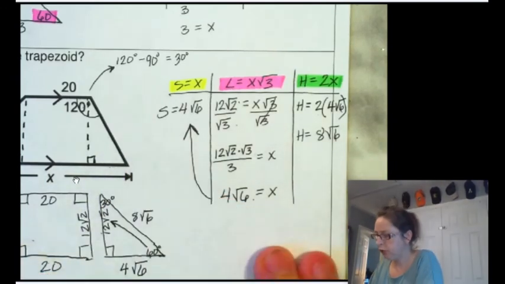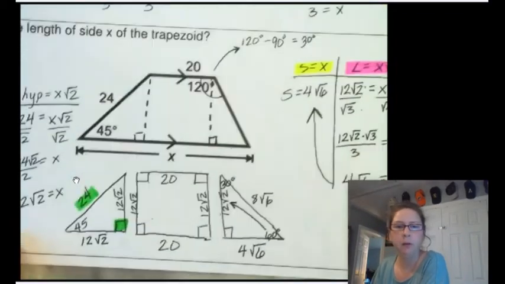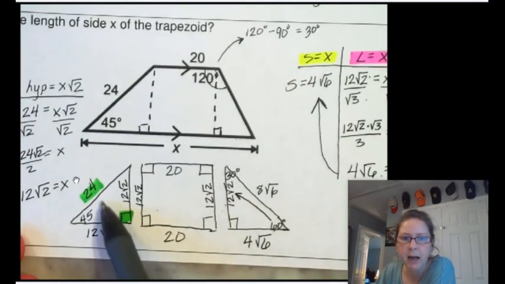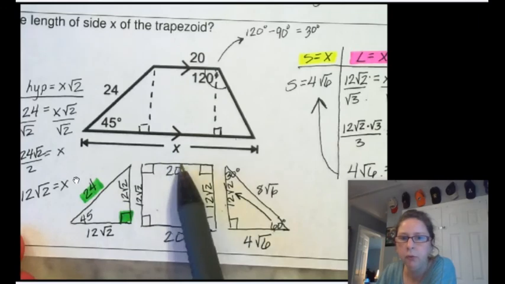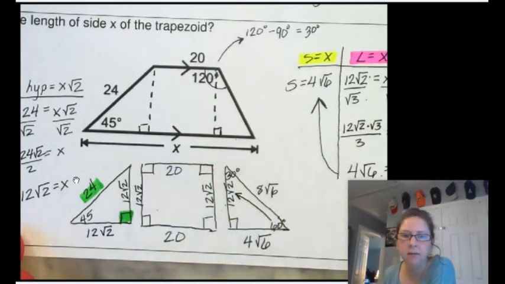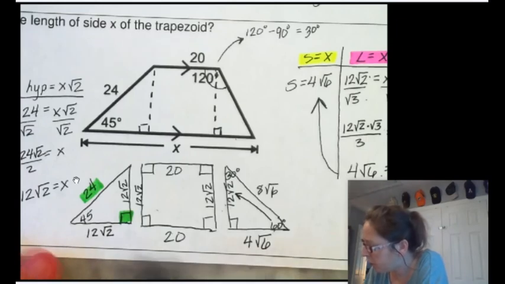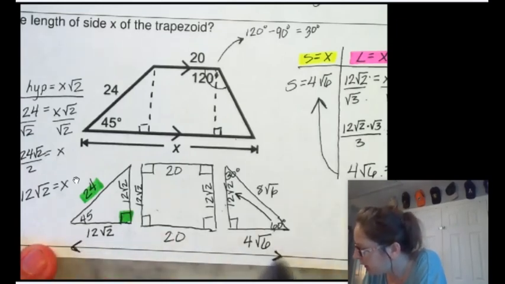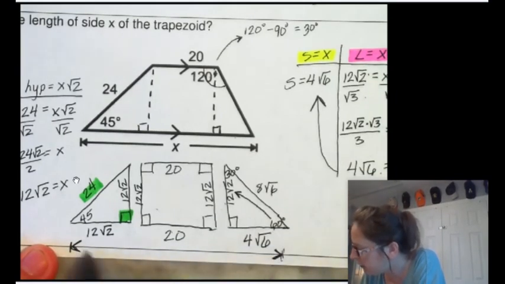So you could actually find the perimeter as well. You would have to add 1, 2, 3, 4, 5, 6 outside lengths together. But as it is here, all they wanted to know was the value of x right here. Okay, x was just the length of this bottom side.